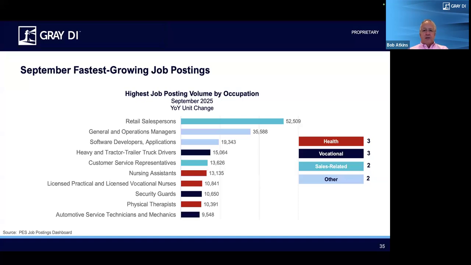So all that's the context for talking about job postings. The most rapid growth here was in retail sales with 52,000 additional jobs. Customer service representatives and sales-related roles are up about 13,000 jobs. General and operations managers are up 36,000. Software applications are up 19,000. I'm sure many of you have heard that AI is going to take over software jobs.